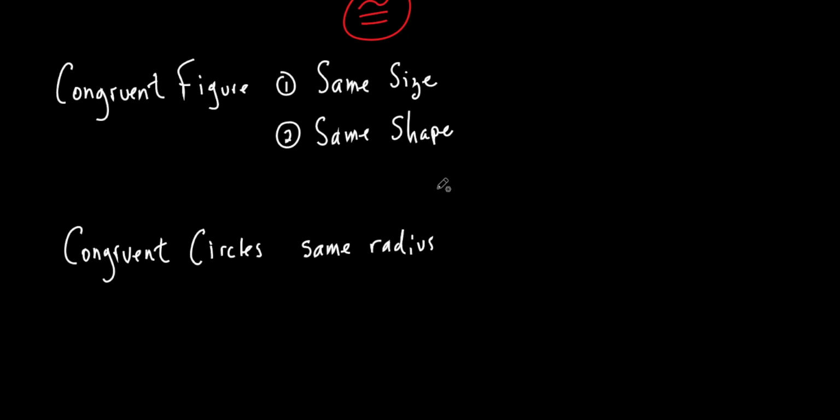What determines how big the circle is? The radius does, okay? So if you have congruent circles, you have two circles with the same radius. And that's all we're really going to talk about today as far as circles are concerned. We will talk a whole lot about circles later on. It's way back, like chapter 8 or something like that. But we're already at chapter 4, so you never know.